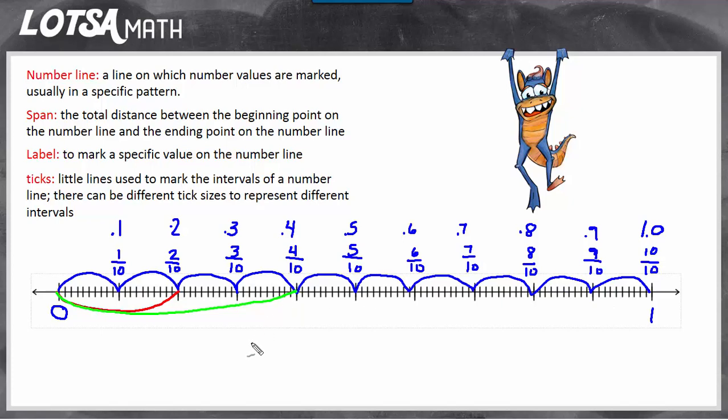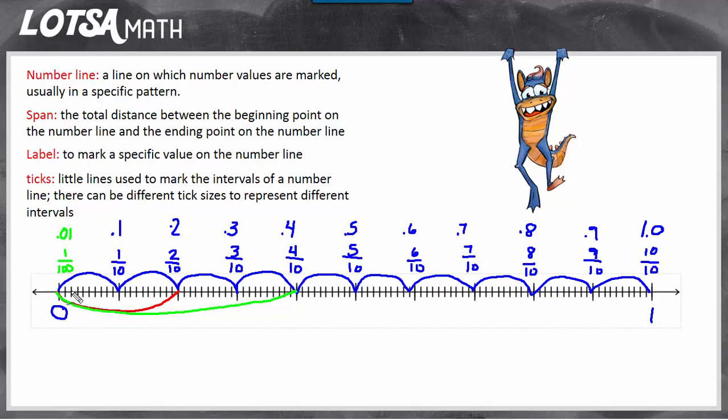So for the little ticks, I know that there are 100 of them in this number line, so each one counts as a hundredth. So if I were to go label them, this first tick would be 1/100 or 0.01.